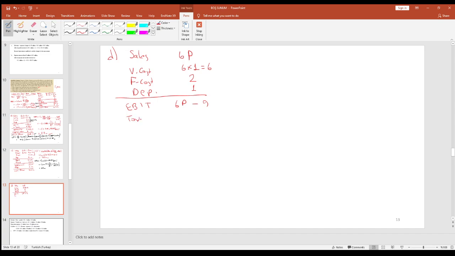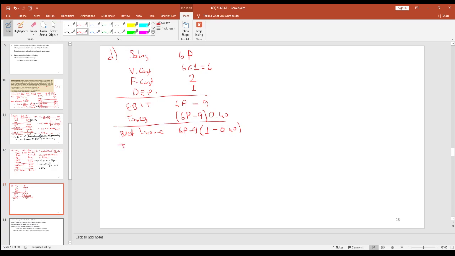Your taxes at 40% will be 6p minus 9 times 40%. So your net income will be 6p minus 9 minus 6p minus 9 times 40%. So in short, 6p minus 9 times 1 minus 40%.